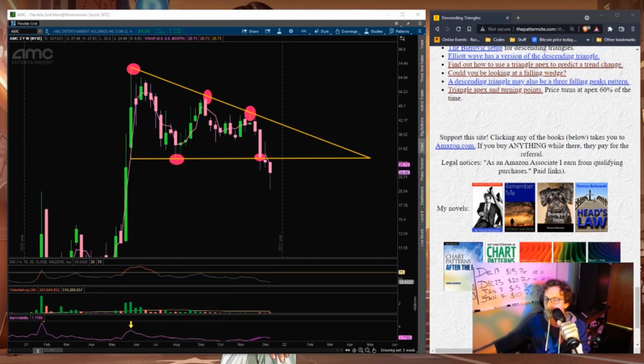This won't be a precise target, but it's such a big pattern, right? It's $43. And when you multiply it by the percentage mean price target for downward breakouts, which is 0.5, you get $21.50. And so we're going to subtract $21.50 from the breakout price, which was, we'll call it $29. So $29 minus $21.50.